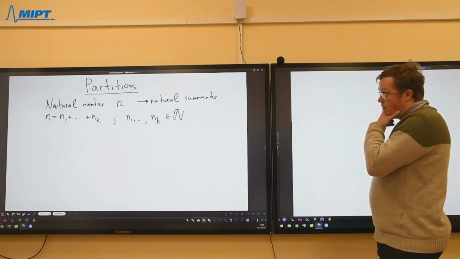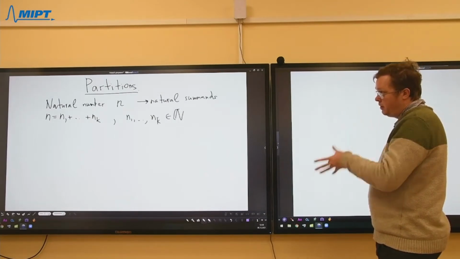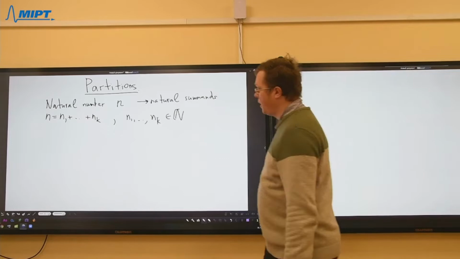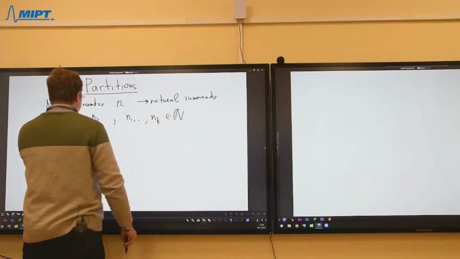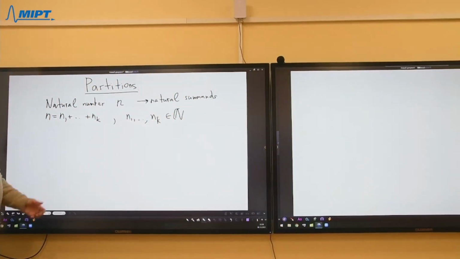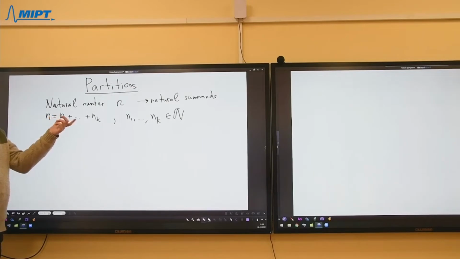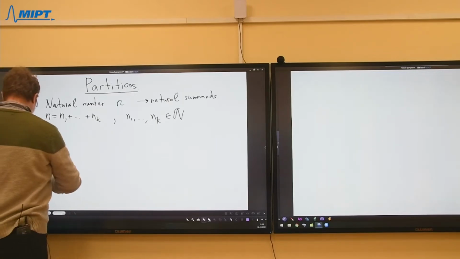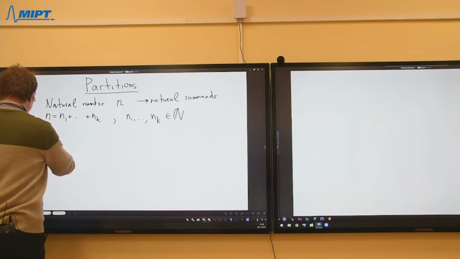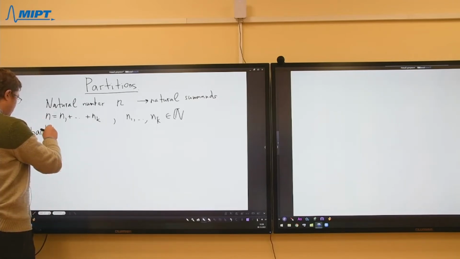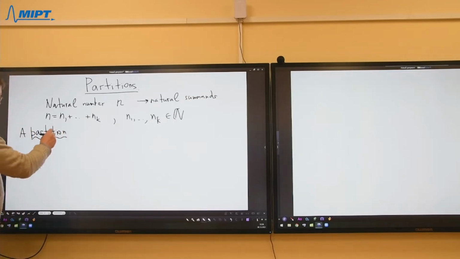The first crucial point is how we look at this decomposition. The so-called partition is an unordered one.